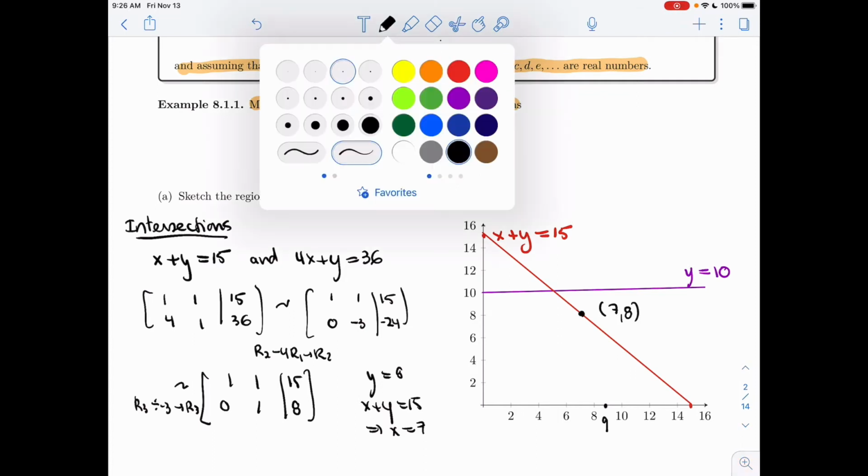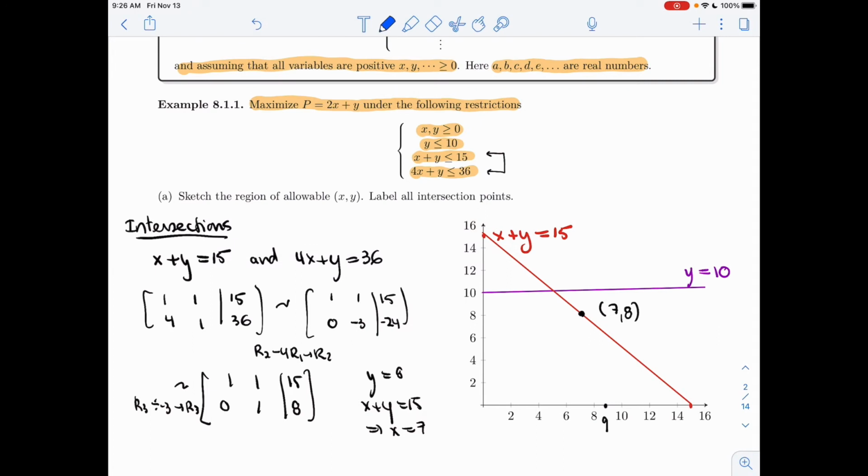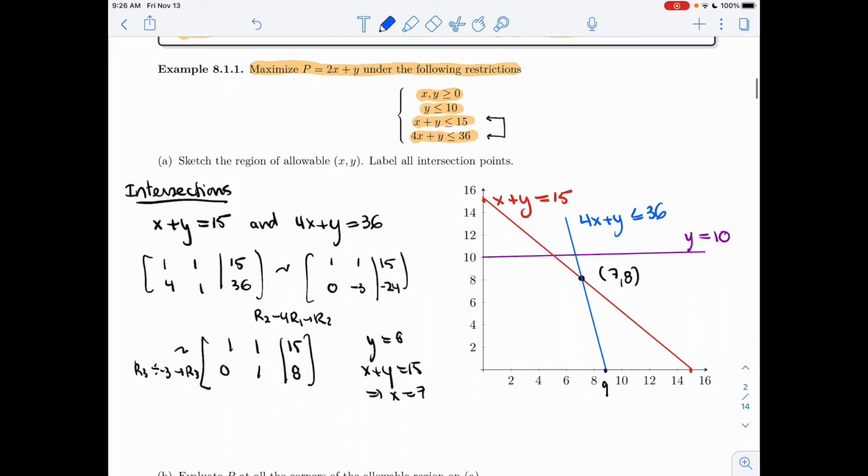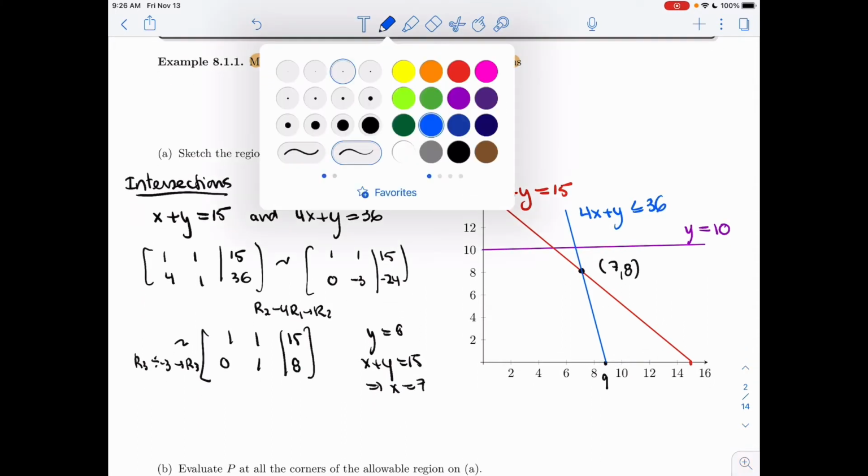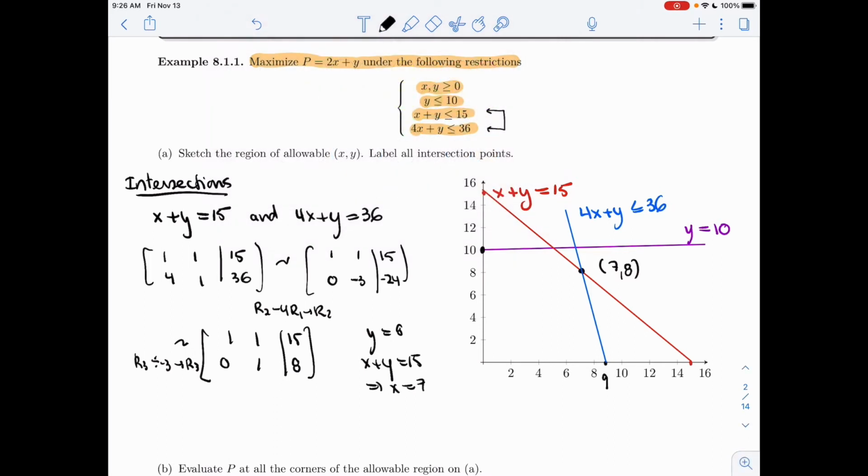So this point is 7, 8. It's also on our line, so here, sorry, let's try again. On 4x plus y is less than or equal to 36. All right, so we have all intersection points except for one, so let's find the remaining one.